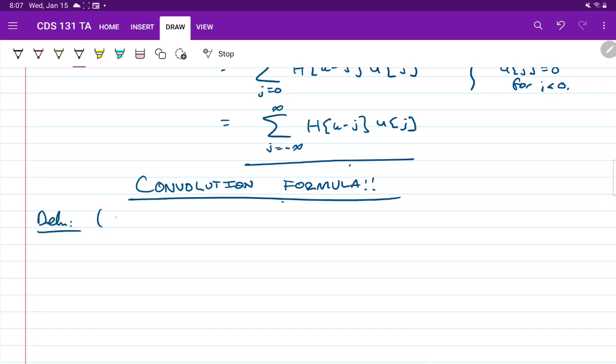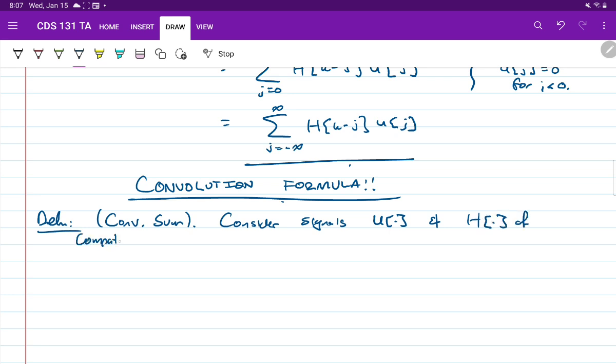So definition, convolution sum. So I'll say consider signals u and h of compatible dimension. Okay, compatible dimension just means I can multiply them, okay? Like there's no size issues.